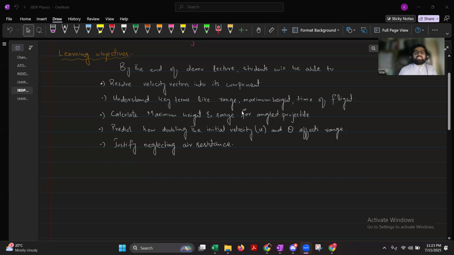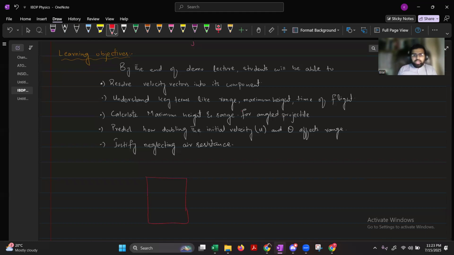If we start with projectile motion, let me put a small question in front of you: what will happen if I drop a ball from a certain height? Let's say this is the ball, and this is a building.